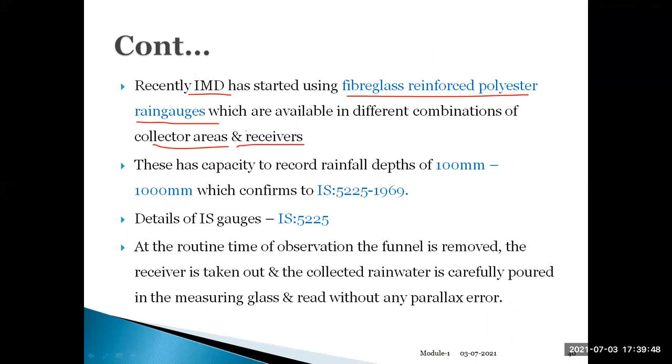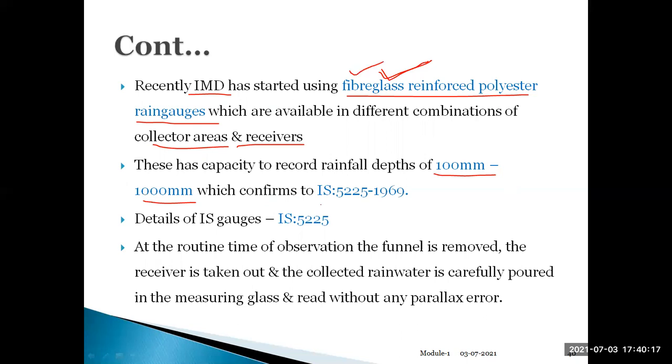Based on the different receivers, you will get these fiberglass reinforced polyester rain gauges, which you can use to measure the rainfall value. These have a capacity to record a depth of 100 to 1000 mm.